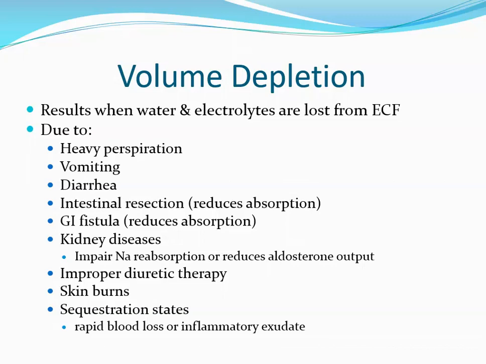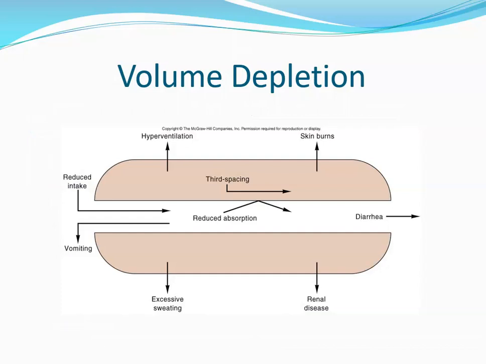Kidney diseases that interfere with sodium reabsorption or reduce aldosterone output. Improper diuretic therapy, skin burns that result in exaggerated evaporation losses, and third spacing, where you see rapid blood loss or inflammatory exudate.